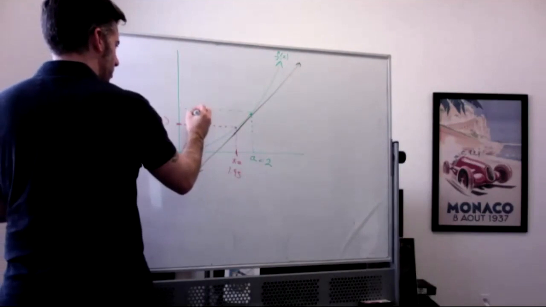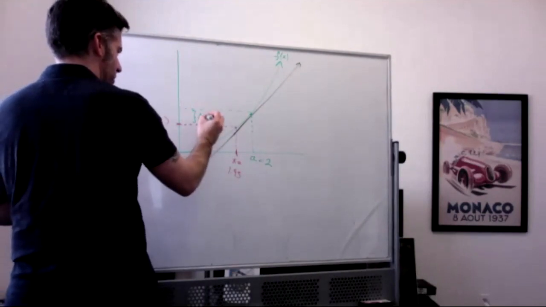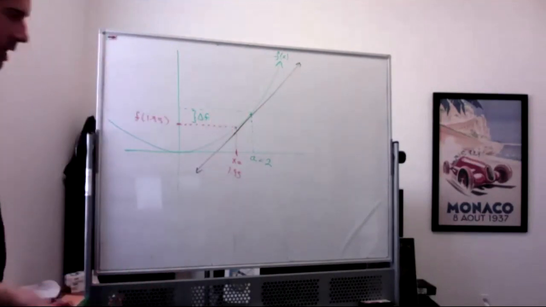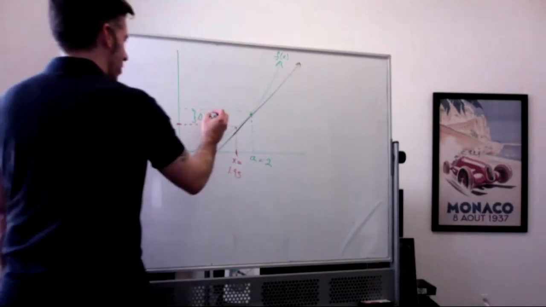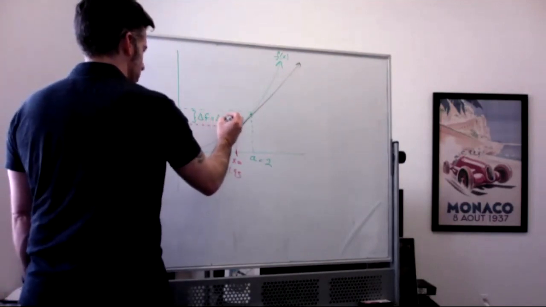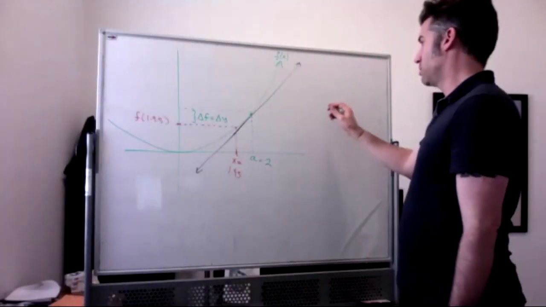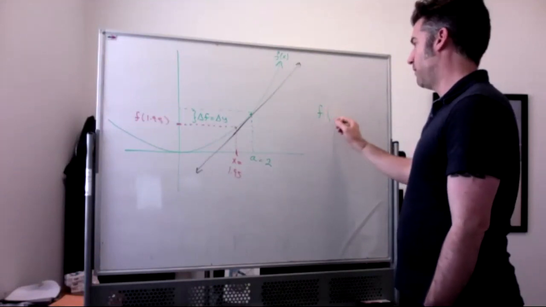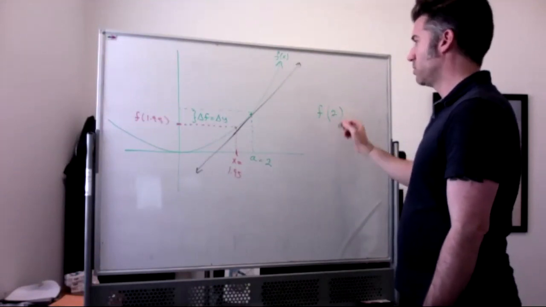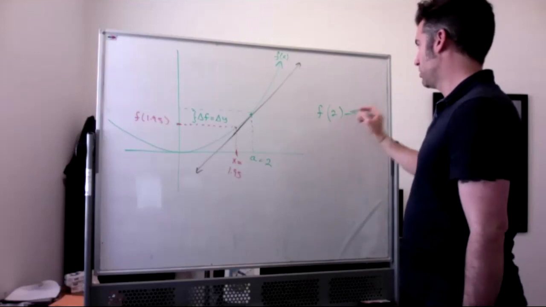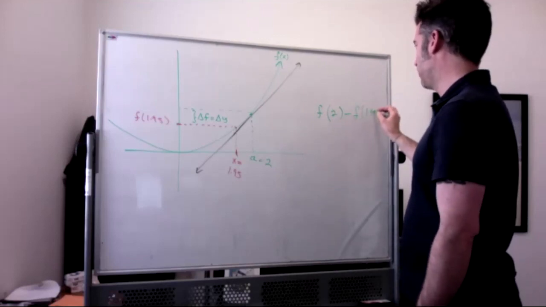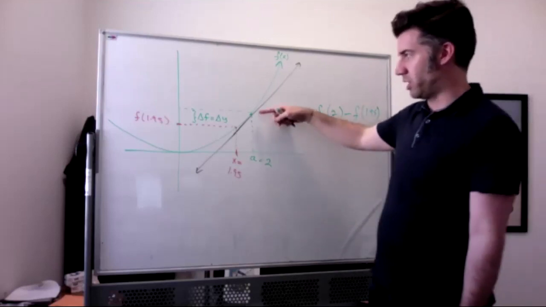This amount here, that is your actual change in the function, delta f, or if you prefer, delta y. And it's our actual function value, f of 2 minus f of 1.95. That's the actual change from here to here.